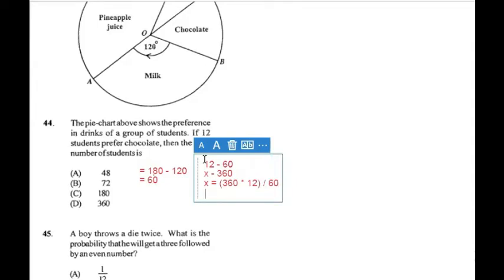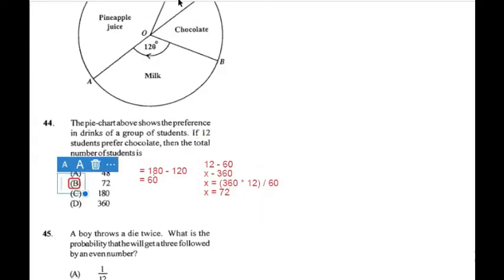So x is equal to 72 students. 60 goes into 360 six times, and 6 times 12 gave us 72. So our answer for 44 is B.